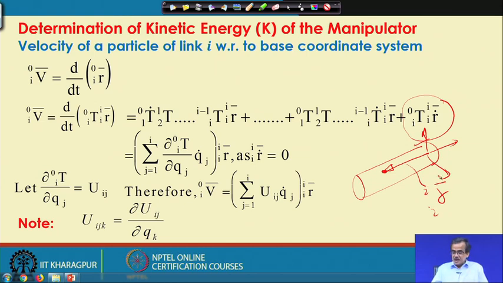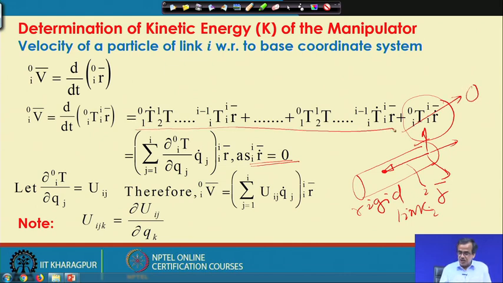Now, the rate of change of this particular position with respect to time will be 0, because this is a rigid link. So, for this rigid link, this r_i with respect to i dot is equal to 0. So, this particular term will become equal to 0. So, we are left with this up to this.